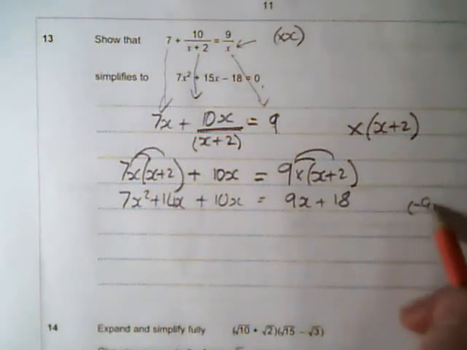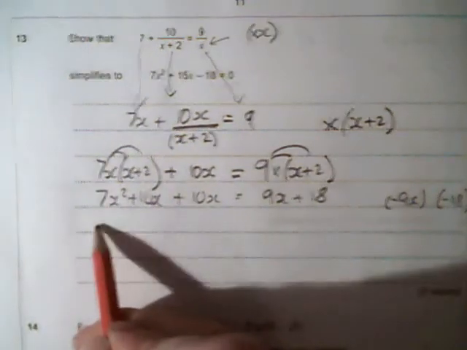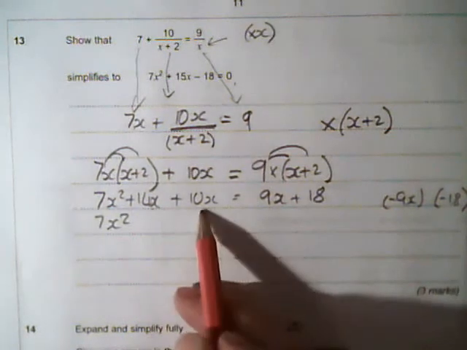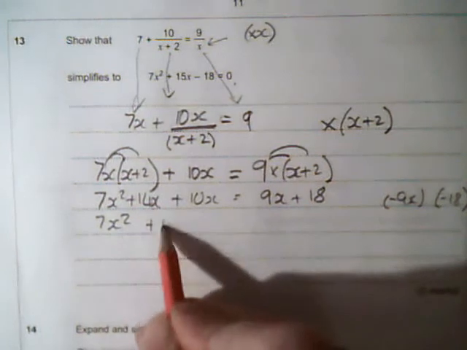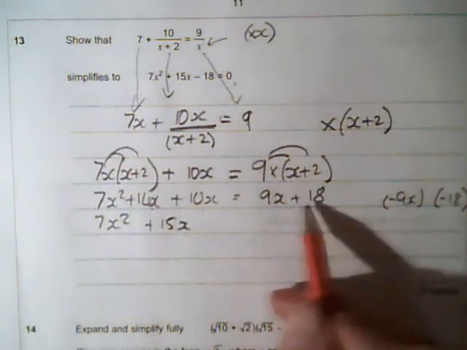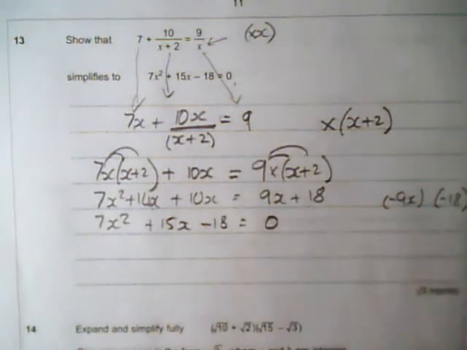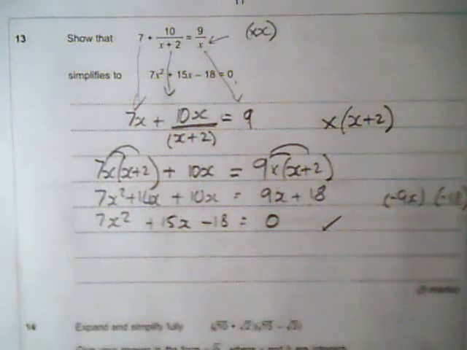So let's take 9x and take 18 and see what happens. So I've got 7x squared, 14x plus 10x is 24, take 9 is 15x, plus 18, take it away, equals 0. Just check that's the same. Yes, that's the same. Done.